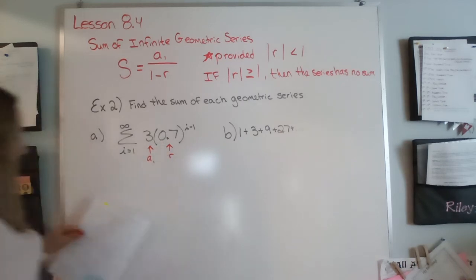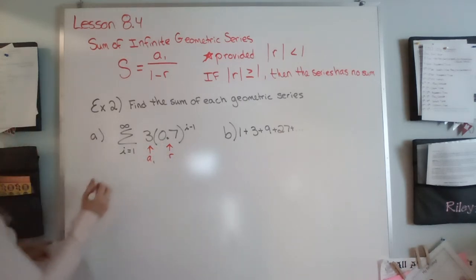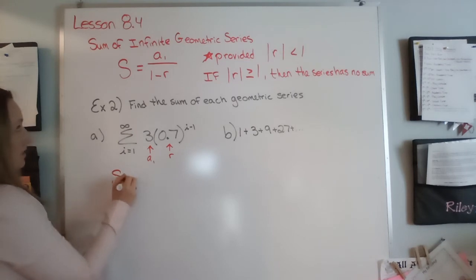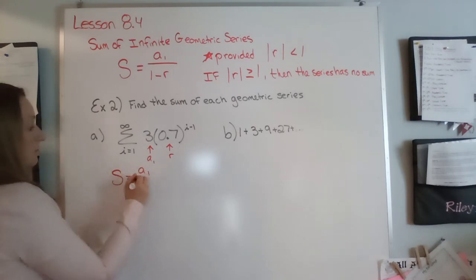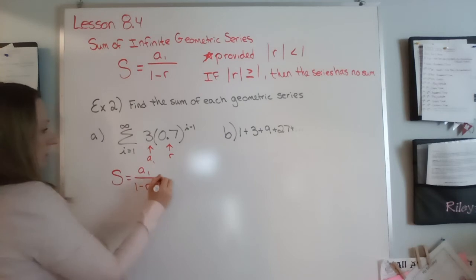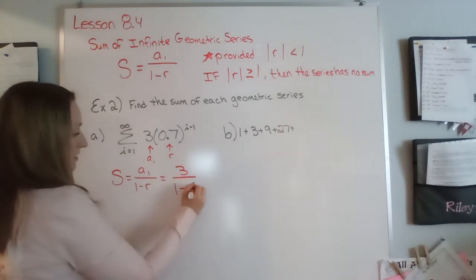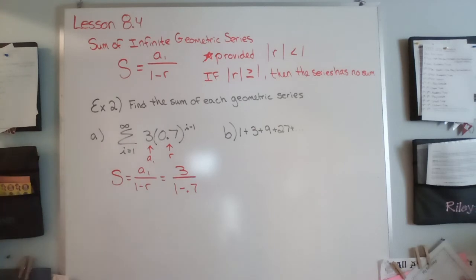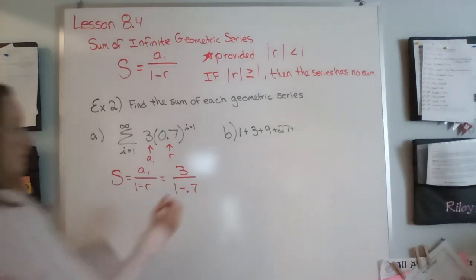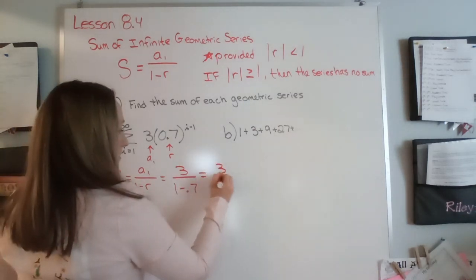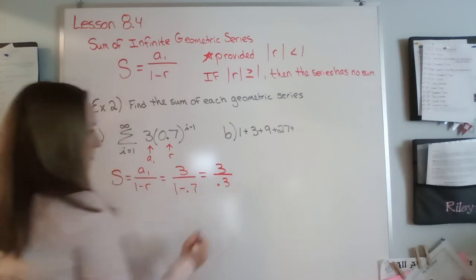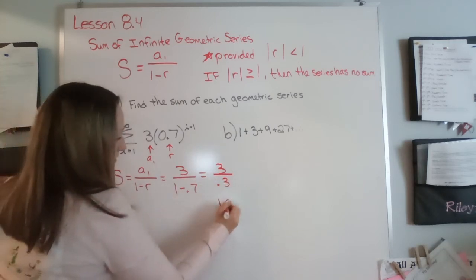Yes, 0.7 is less than 1. So then I can find the sum. The sum is going to equal the first term over 1 minus r. So it's going to be 3 over 1 minus 0.7. Okay? And that's going to be 3 over 0.3, which is equal to 10.